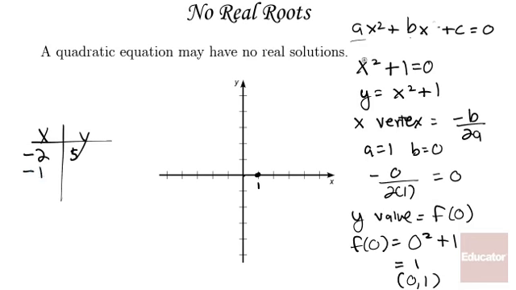When x is negative 1, squared is 1 plus 1 is 2. When x is 0, y is 1. We already knew that. When x is 1, y is 2. And when x is 2, y is 5.